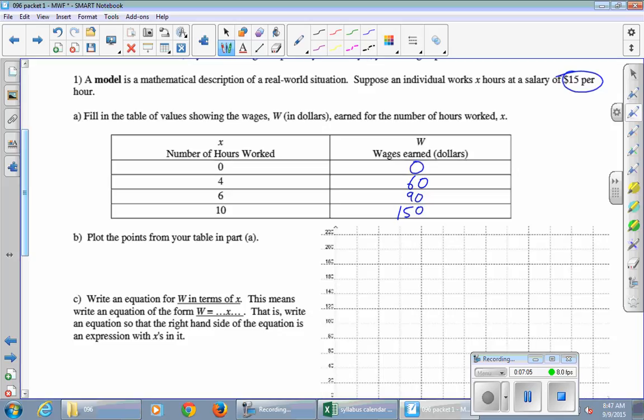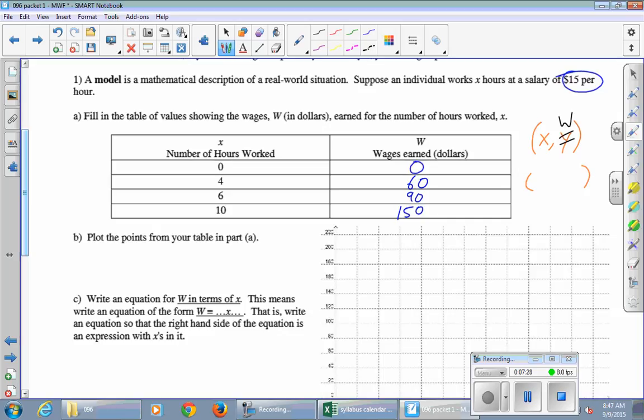We're going to plot the points in the table. I'm not going to write them all out here, but normally it's an ordered pair called XY, but here it's XW, right? No big deal calling it W instead of Y. And so for the second row of our table, what's the ordered pair?